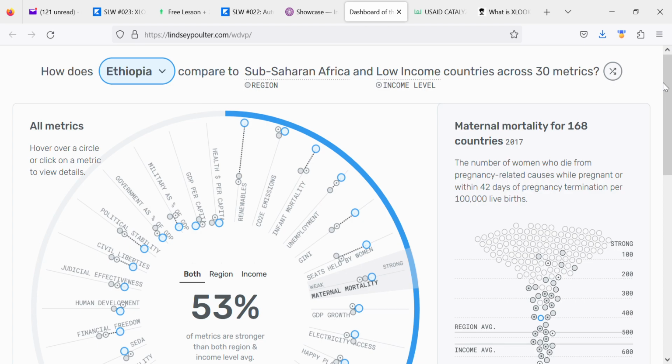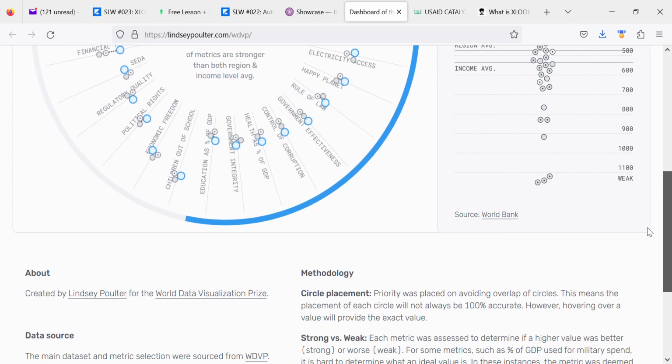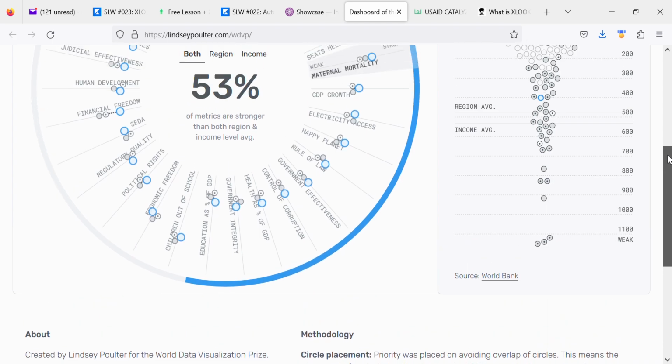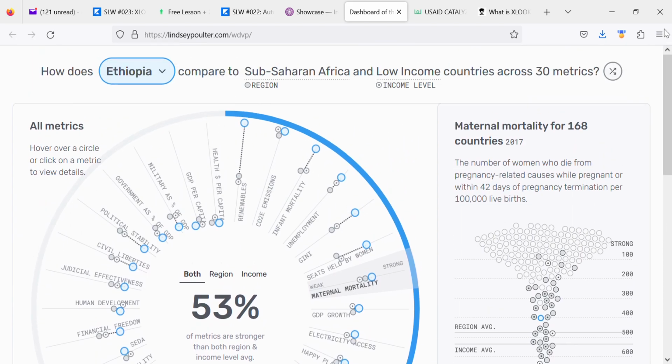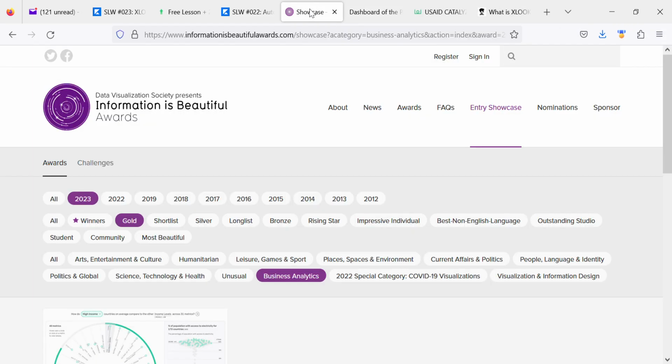That is great work done by Lindsay Poulter, who presented this data for the Data Visualization Society under the theme of Information is Beautiful, and he is a gold medalist.